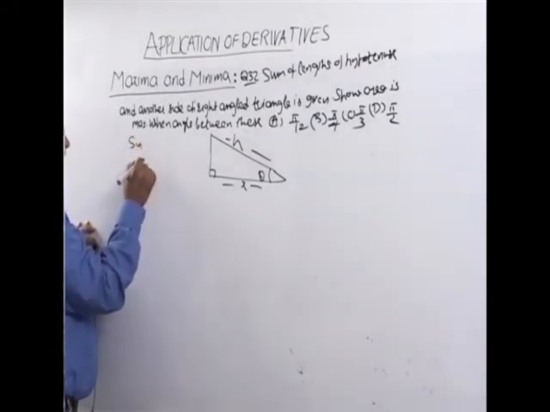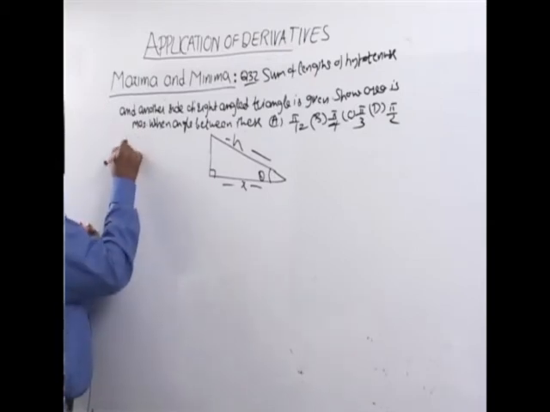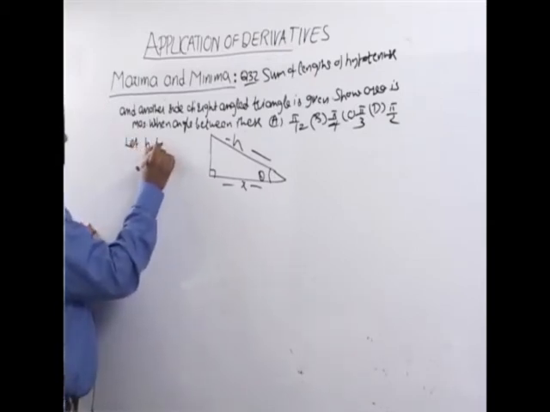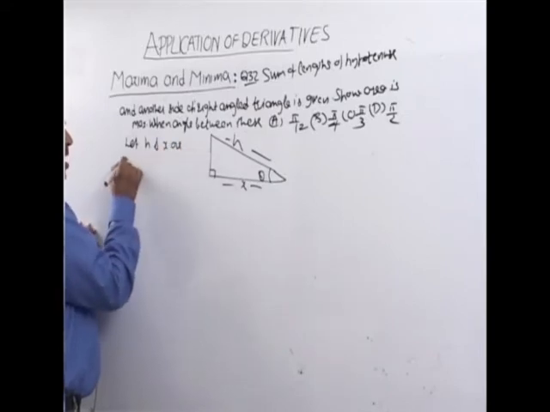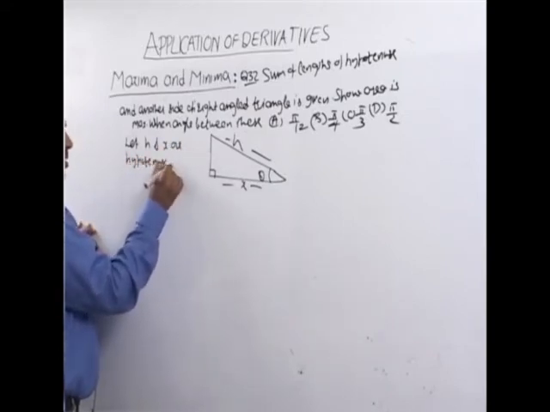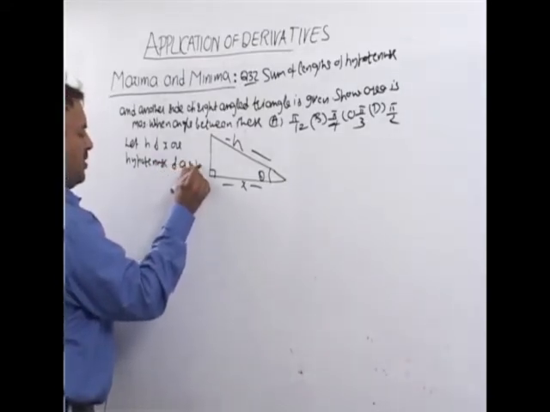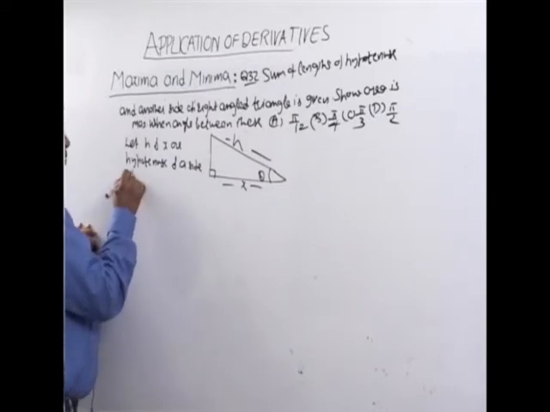से पहले I suppose let H and X are hypotenuse and a side of right angle triangle.